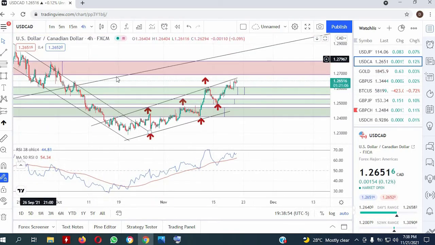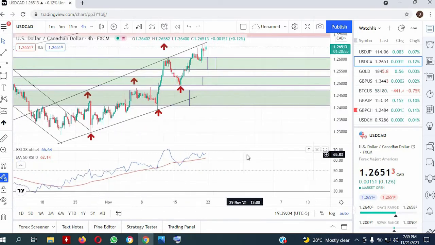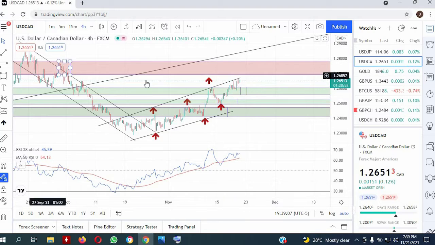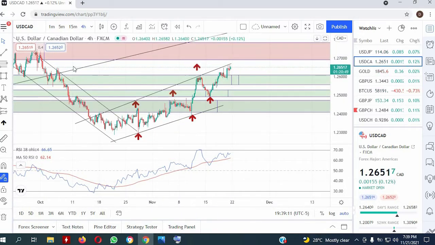So if you are trading this USD CAD, watch out for a pullback when it reaches this area. So that's it for the USD CAD. Currently the USD CAD is targeting this area, so it is going to push further up. Let's go over to the gold.